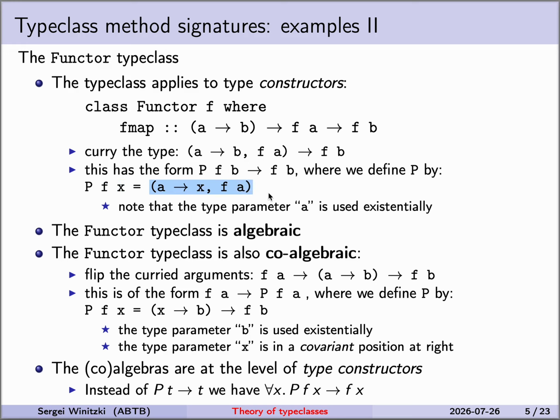And that is fine. So that is covariant in f, and that's good enough. But note, however, that the parameter a here only appears on the right-hand side, but not on the left-hand side, which means that it is used existentially. So when we construct a value of this type, we need to specify what that a is, but once we have specified it and constructed the value, it is getting hidden and we do not see what that a is. So that is how existential types work.